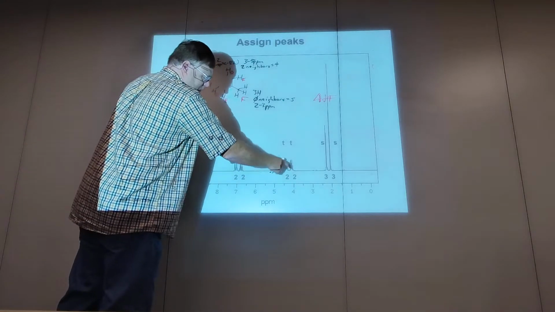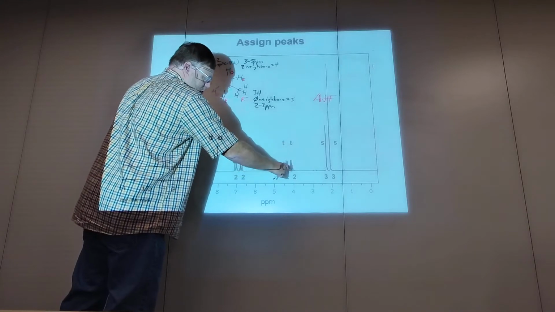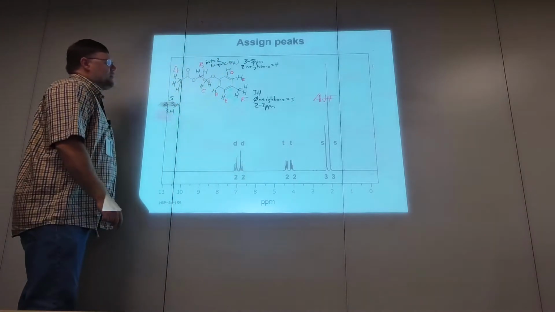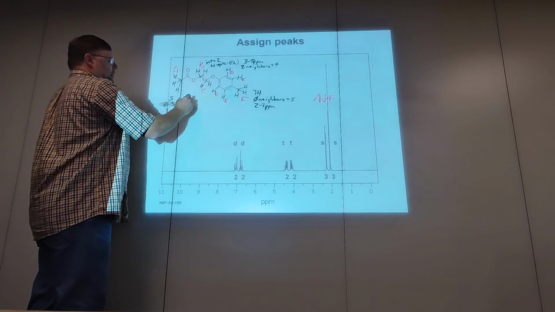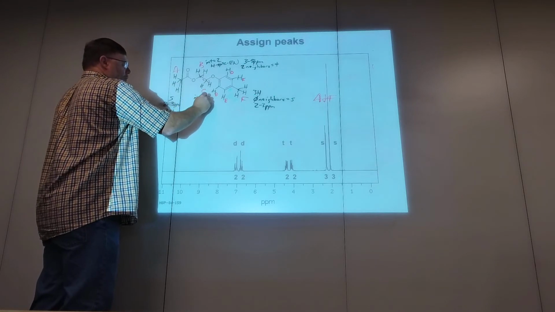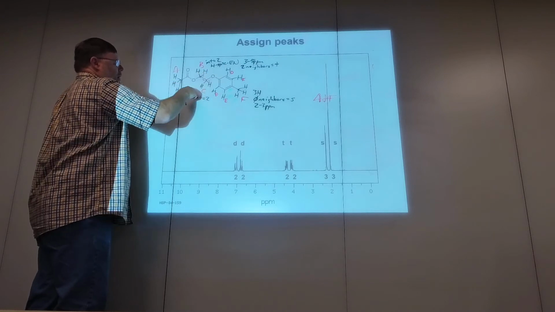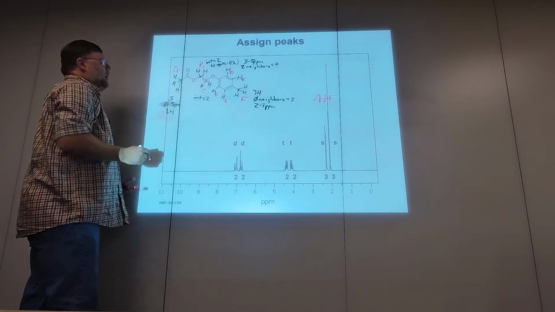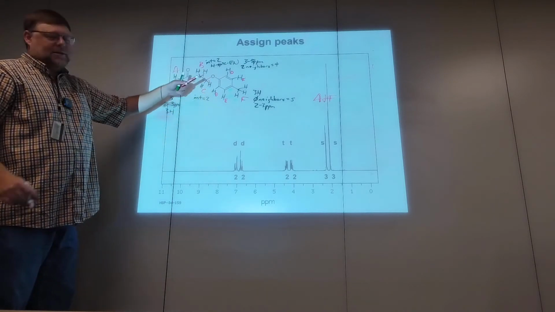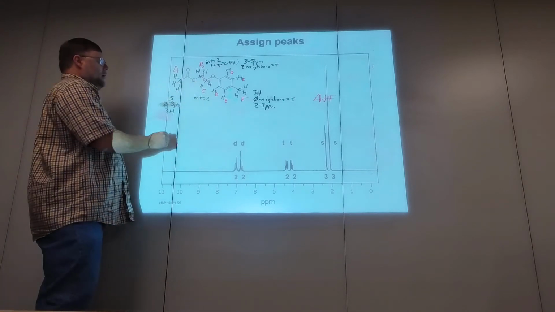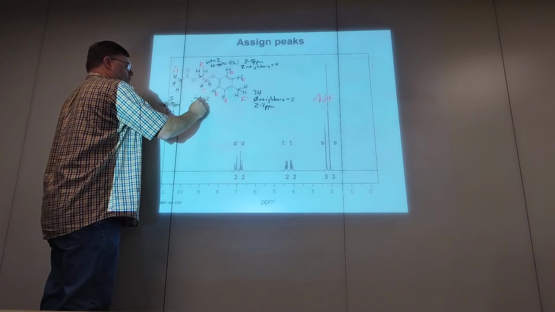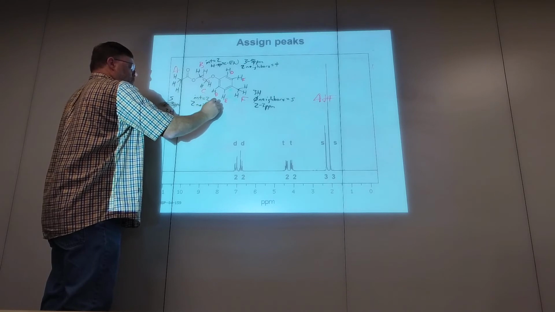I got 2 of those, just like over there. 2 signals that fit this. What about proton C? How does that look? So an integration of 2, and again, neighbors, 1, 2, 3 gets me to a carbon. 1, 2, 3. Well, we said C is a neighbor of B, so B has to be a neighbor of C. So again, 2 neighbors. That's going to be a triplet.